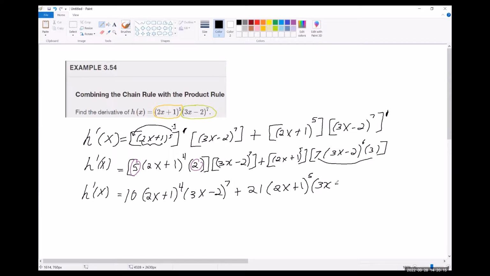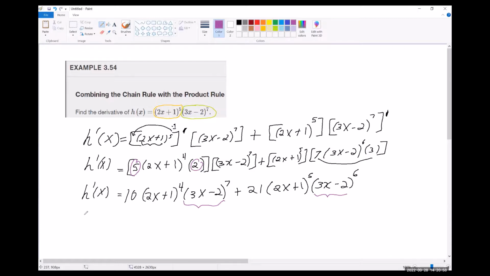Nor do I want to multiply this out. I would look. I don't know if that's the way they're gonna want it, because one of the things I'm seeing is that they have a 3x minus 2 to the 6th power in common.